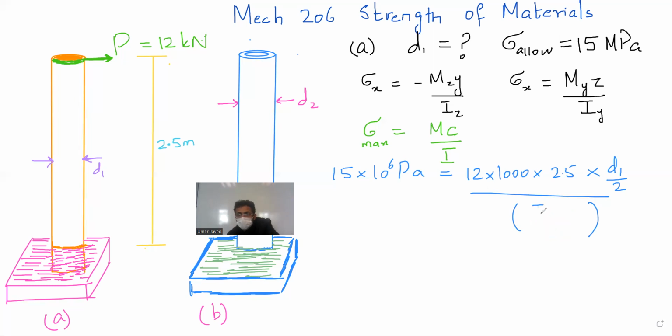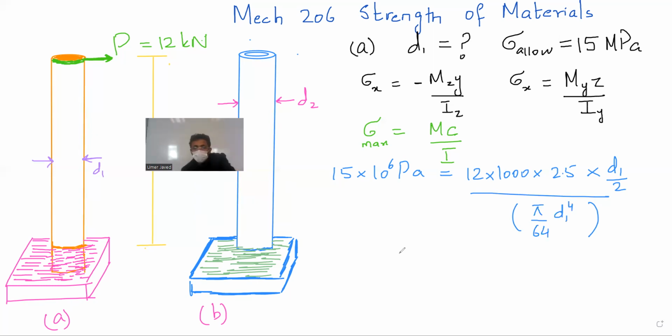Pi by 2 c power 4 divided by 2. Fine. But the problem is this is in the form of d1, so that's why I don't want to do it like that. Pi by 64 d1 power 4. Okay, give me the d1. You are following me, right? Everyone.